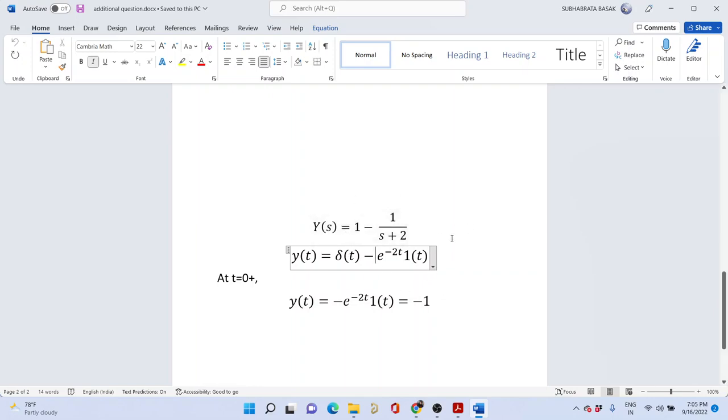Last day I told how to approach this sum, but I couldn't illustrate how to do it. So remember this. You cannot apply the initial value theorem when it is unbounded. Delta(t) has a value of infinity at t equal to 0, so you cannot do that. If you are asked to find the initial value, you have to find the value at t equal to 0 plus. In that case delta(t) becomes equal to 0. You are left only with the second part of the system, and you get the value as minus 1. Keep this in mind. This is an important concept.